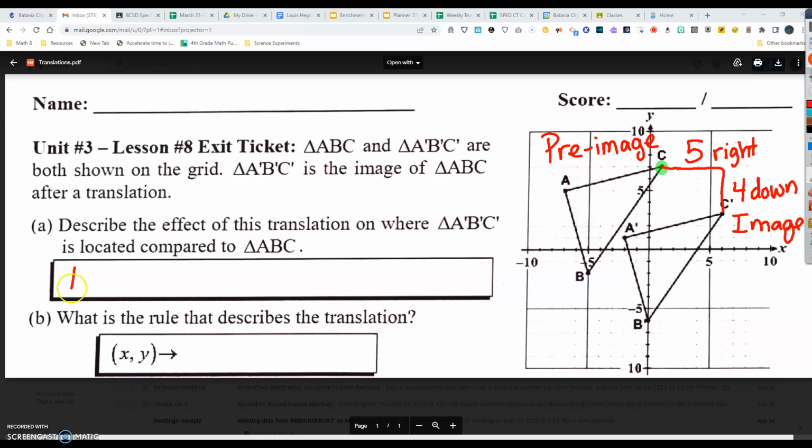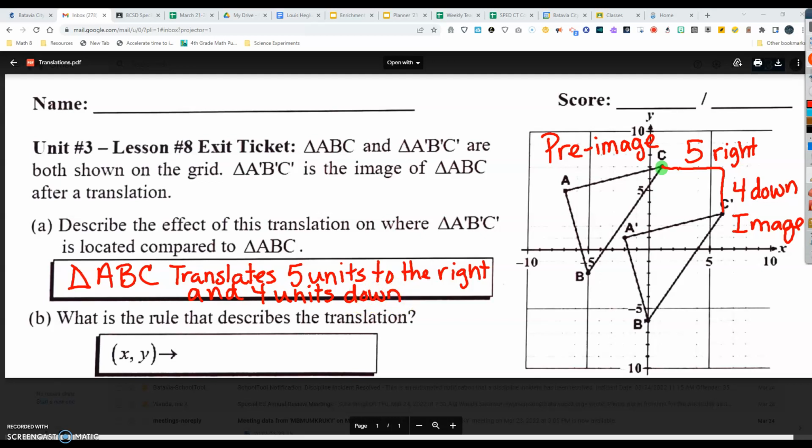So we could say triangle ABC translates 5 units to the right and 4 units down. And when you look at the rest of the points, you'll notice that's the same thing.